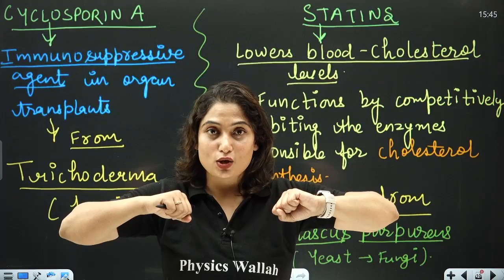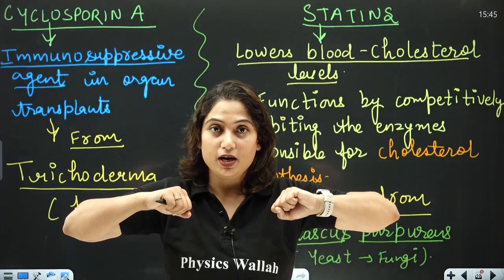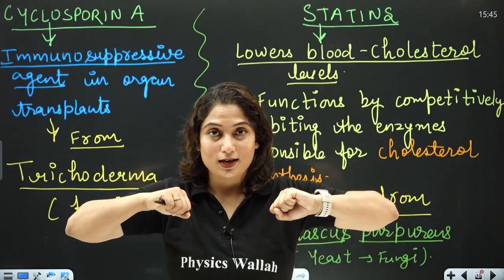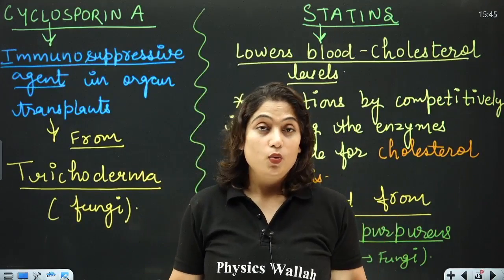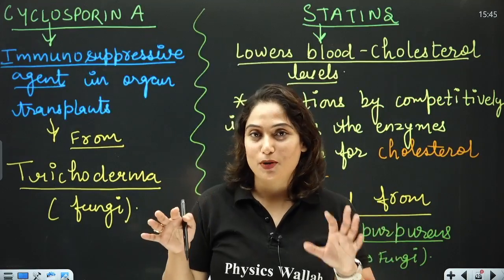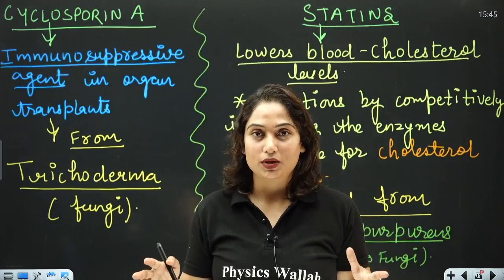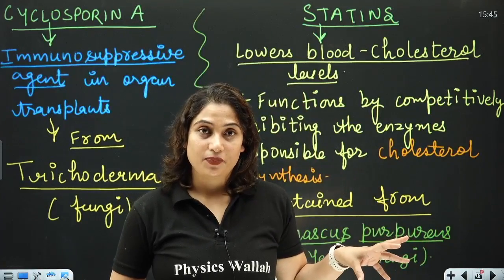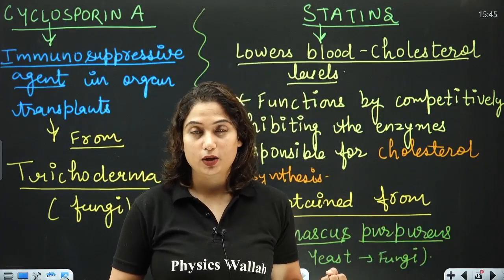So if cholesterol is not formed, ultimately after a point of time, the level of cholesterol would be reduced in the blood. Okay, I'm not leaking the paper, but this question can directly come in the boards, how statins reduce the blood cholesterol level.